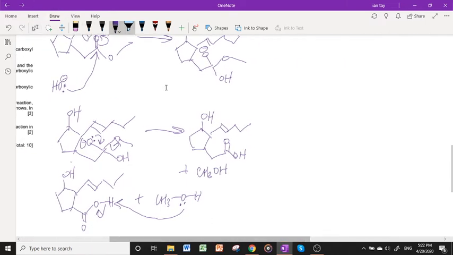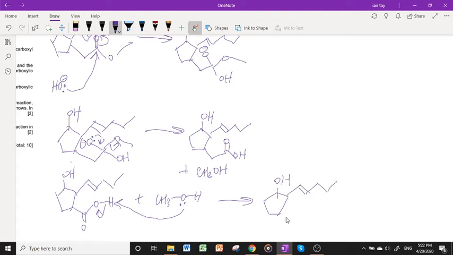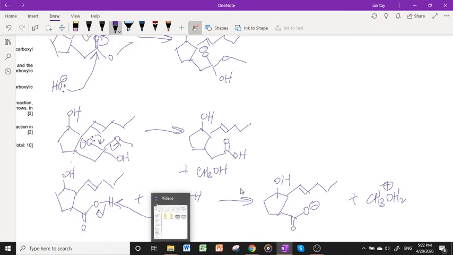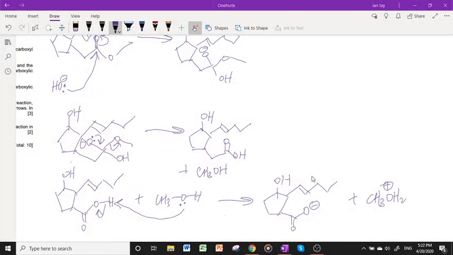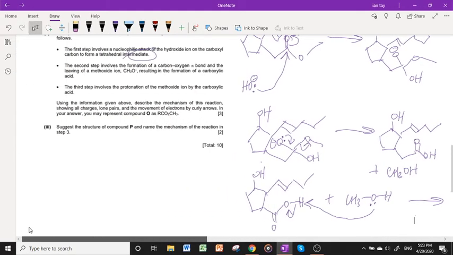And what do we get? It is simply a carboxylate anion and a protonated alcohol. So one way to check whether you're correct when it comes to charges is that neutral reactants must definitely result in products with an overall sum of the charges to be 0. Okay, so that is indeed so, and so we are correct.